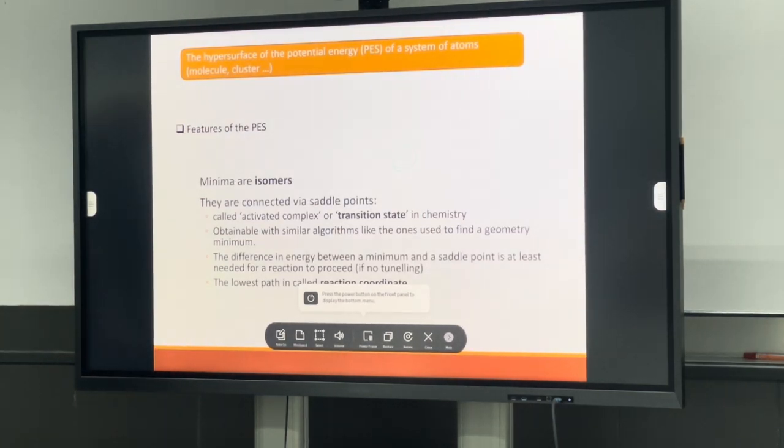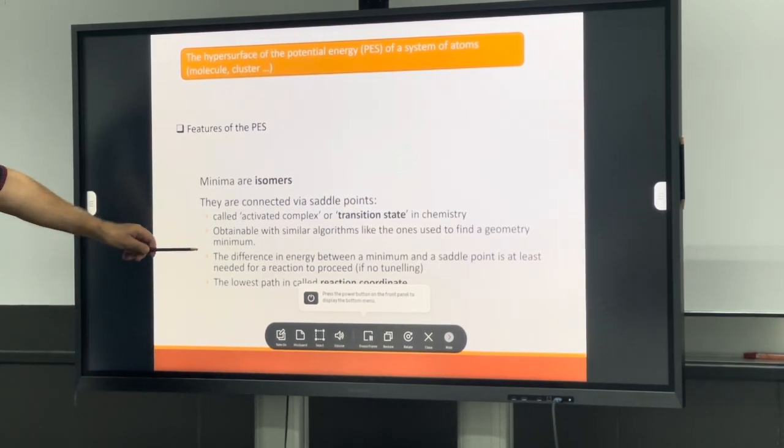Mathematically, in real computer codes, transition states are found in the same way as a minimum. You do a minimization, but you minimize not all coordinates, because one coordinate you maximize. And we don't speak about the ways how to do it.